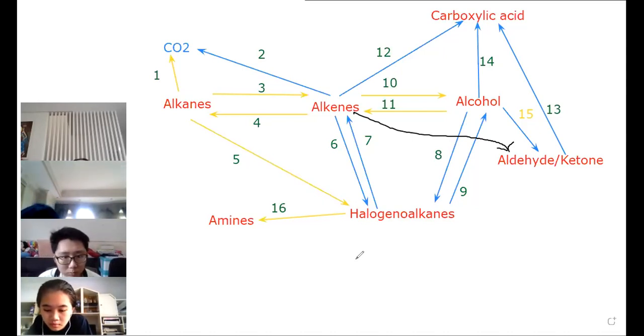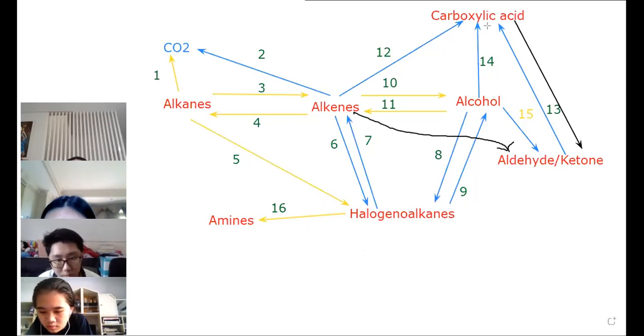I think there should be another arrow from carboxylic acid to alcohol and from carboxylic acid to aldehyde and ketone. Yes. And then from carboxylic acid to alcohol.